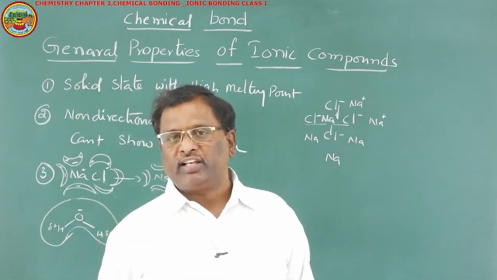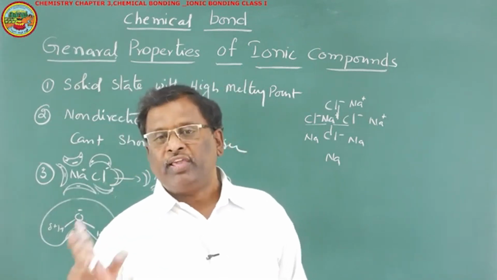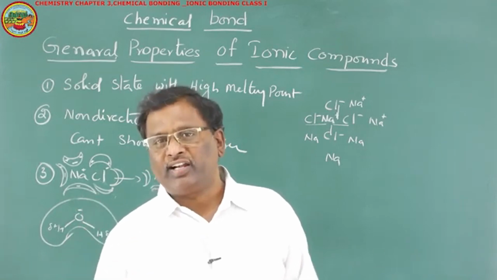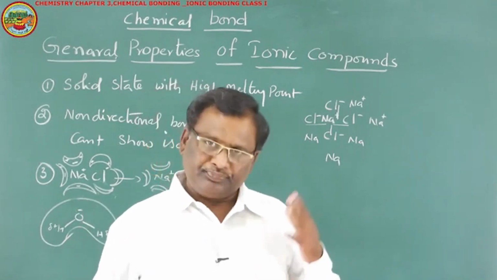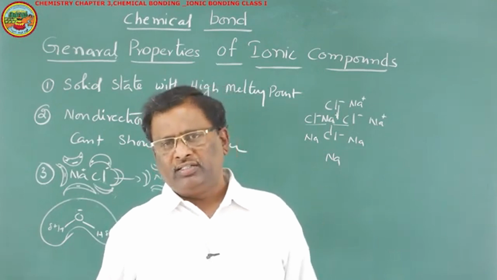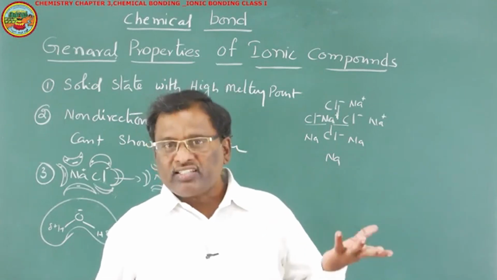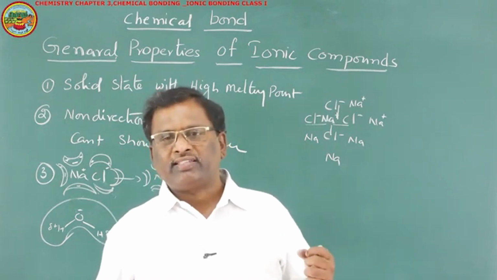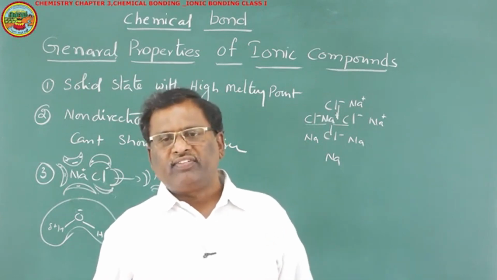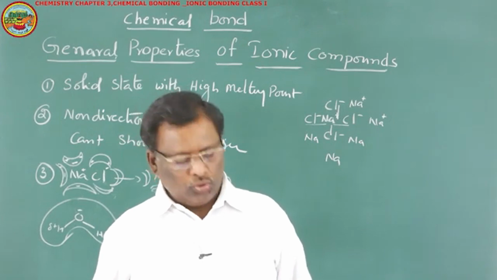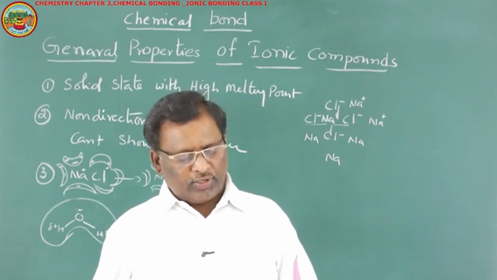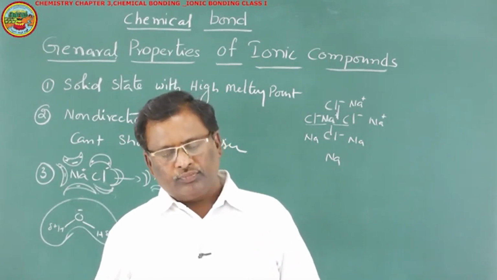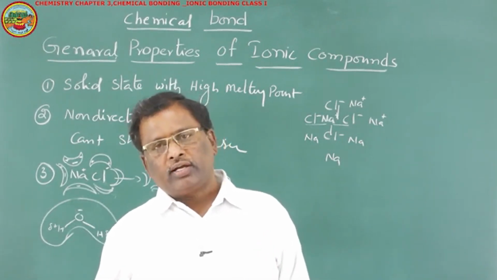In solid state, they behave as bad conductors or non-conductors. But in liquid state, that is, in their molten state or in their aqueous solutions, they act as good conductors of electricity. So, these are the general properties of ionic compounds.